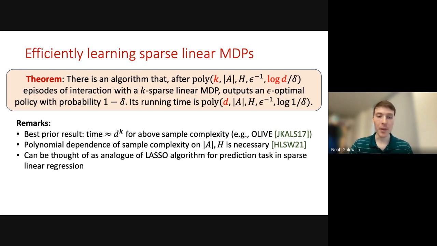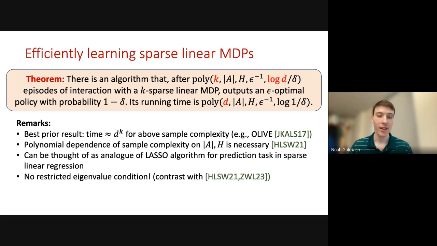Now, while it's an analog in this sense, the proof of the theorem is kind of entirely different. And one of the reasons that it has to be different is that we're not making any restricted eigenvalue assumption. There's been some previous work on sparse reinforcement learning, which does require a sparse restricted eigenvalue condition.